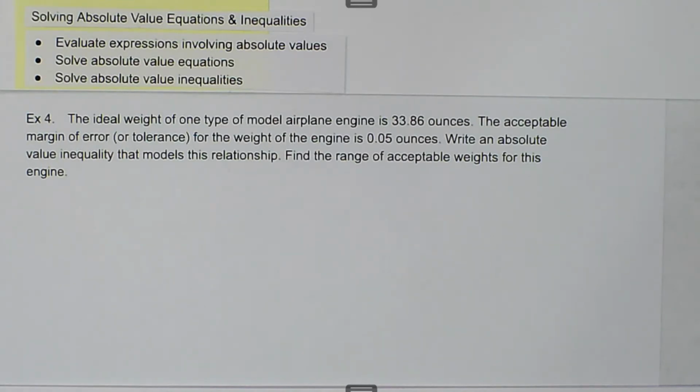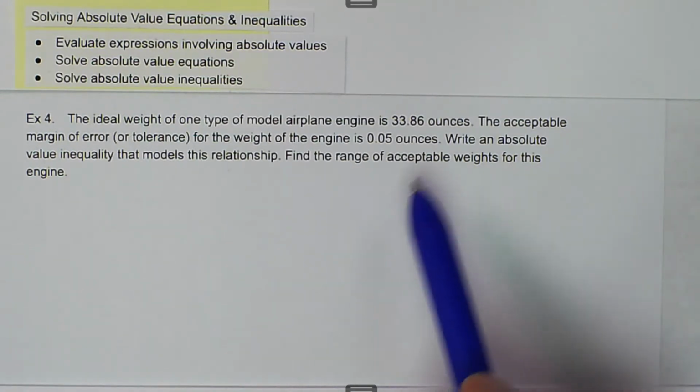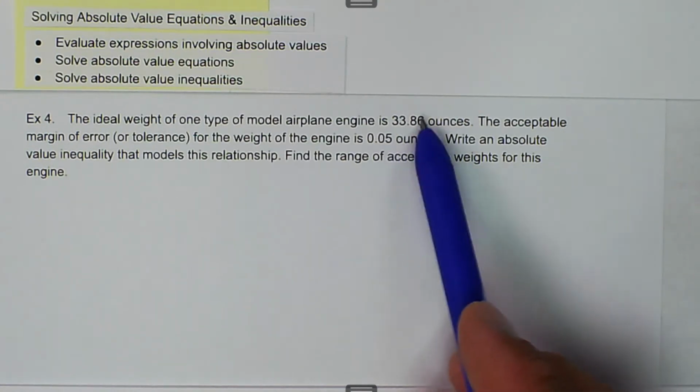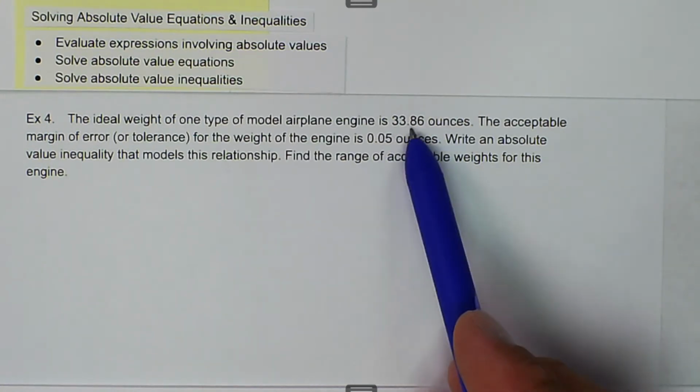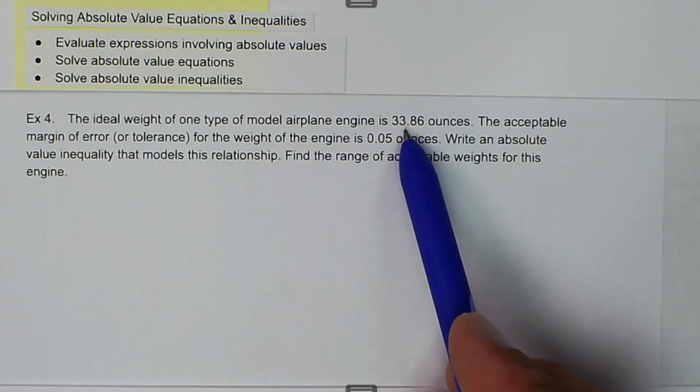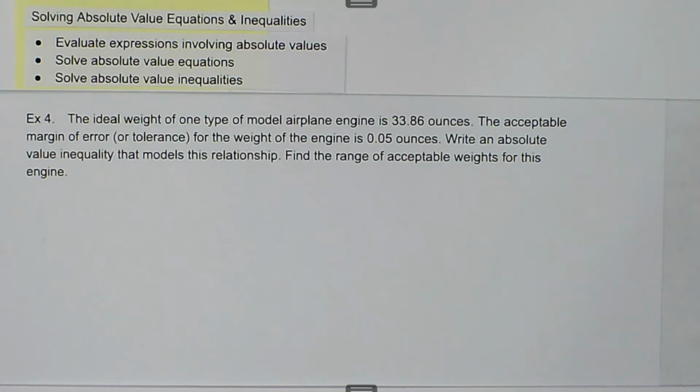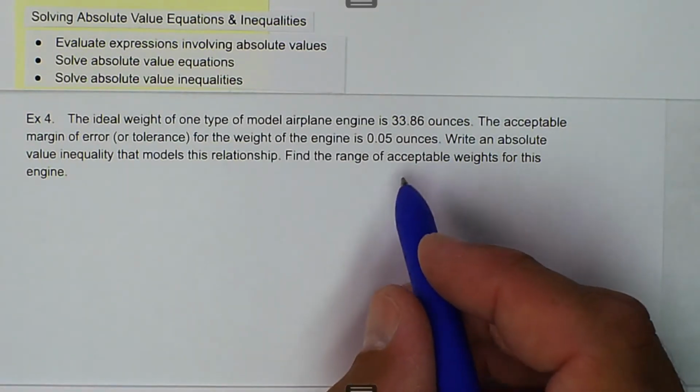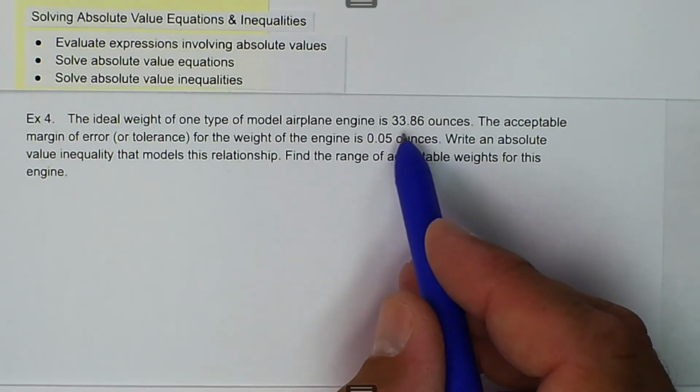So basically, we want to find an equation or inequality that would allow for any engine that would be 0.05 greater or 0.05 less than the ideal weight for the engine. We can't really compare, and the only thing that we can compare is the weights of the engine.